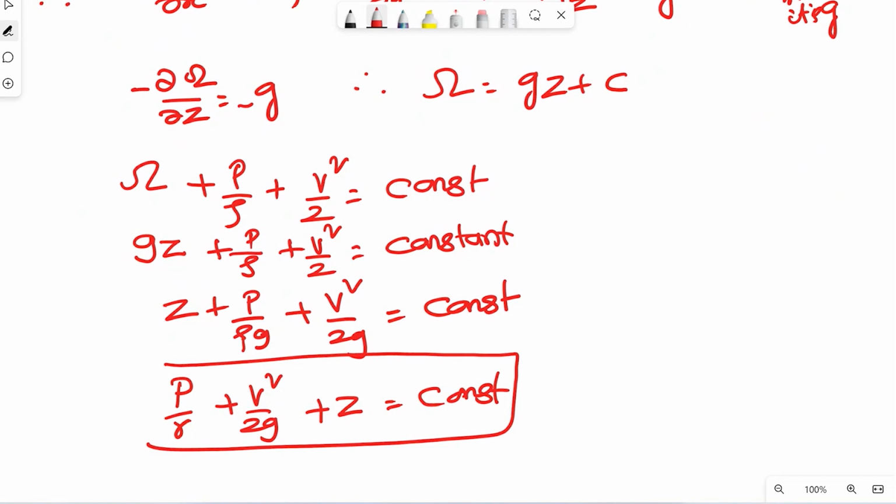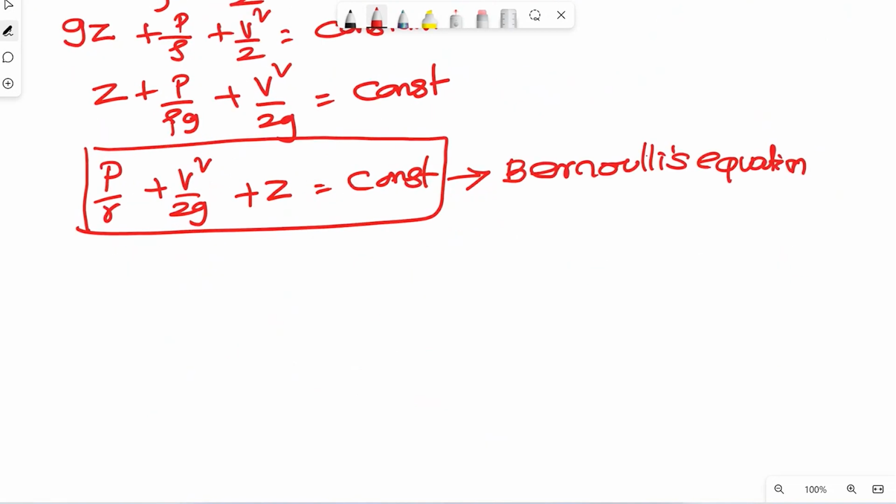This is what Bernoulli's equation is. Basically, this is the energy equation.